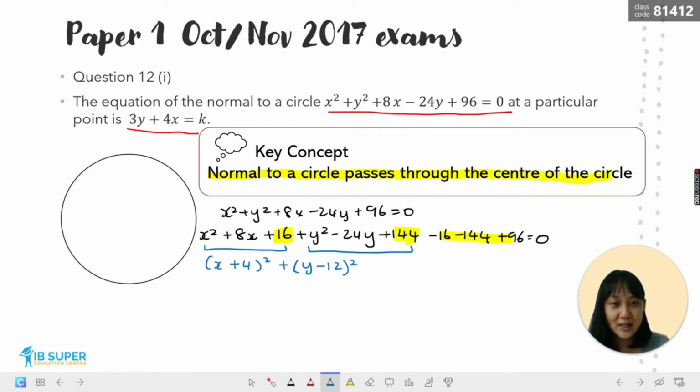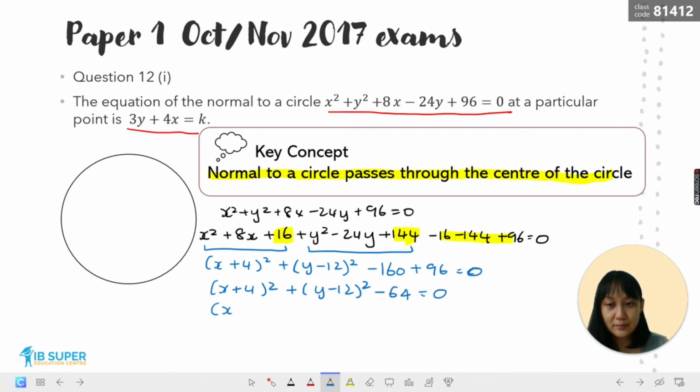So minus 16 minus 144 gives negative 160, plus 96, equals 0. So x plus 4 squared plus y minus 12 squared, 96 minus 160 gives you minus 64. So let's bring it over.